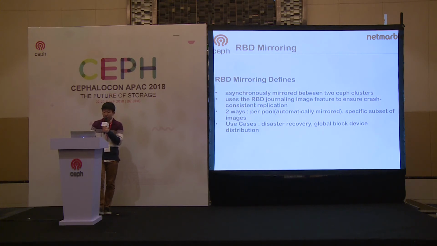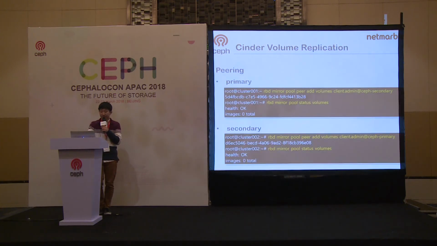You should install the Ceph RBD mirror package in order to use the feature and run a Ceph RBD mirror process. The rbd mirror pool peer add command is used to peer the different clusters. At this time, since the peer is established based on the host node, the information of the different clusters is registered in the host file.